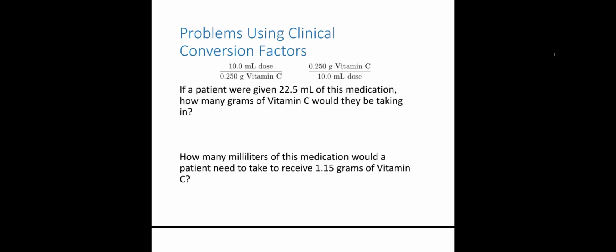Okay, let's go ahead and apply those clinical conversion factors to a pair of problems. So first, let's say that we have a case where a patient was given a 22.5 milliliter dose of the medication, and we want to know how many grams they would be taking of vitamin C. So their dose was 22.5 milliliters.